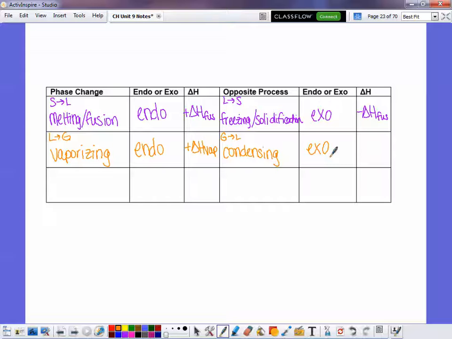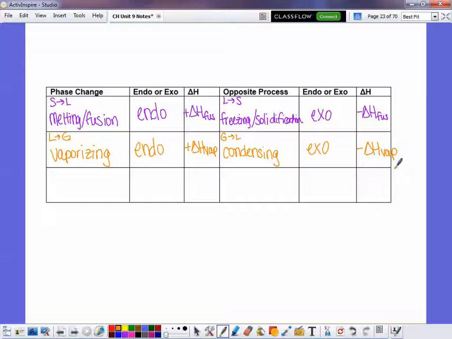How would you describe its delta H? Negative delta H vap, or negative delta H vape. It's the same quantity as the vaporizing one, opposite in sign.